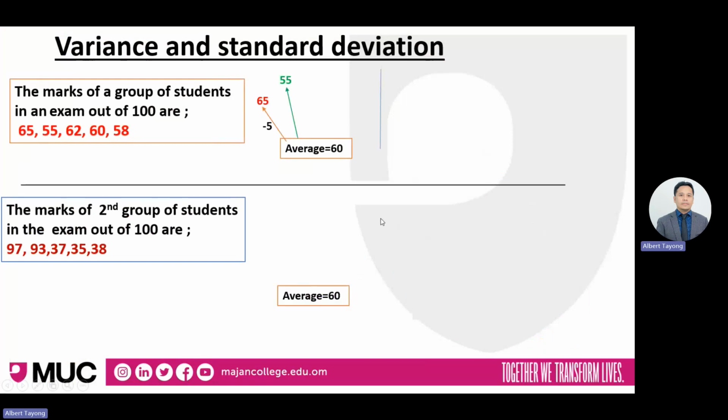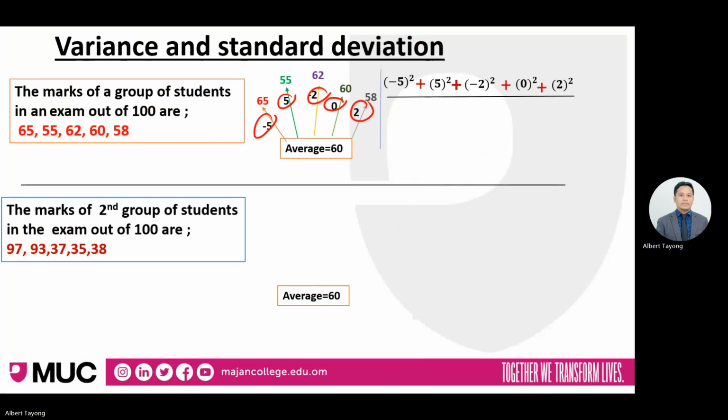Okay, so these are the deviations, or the differences, between the scores and the mean. Now, to get the variance, we have to square all these differences and add them all to make it all positive.